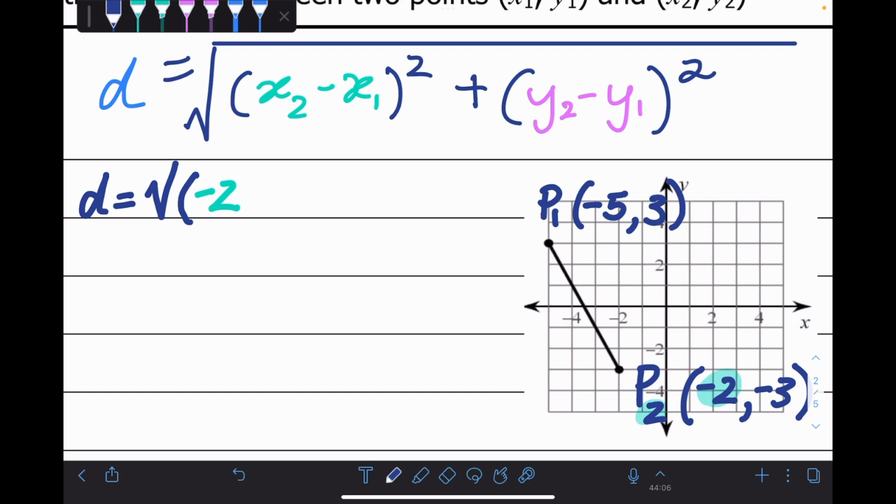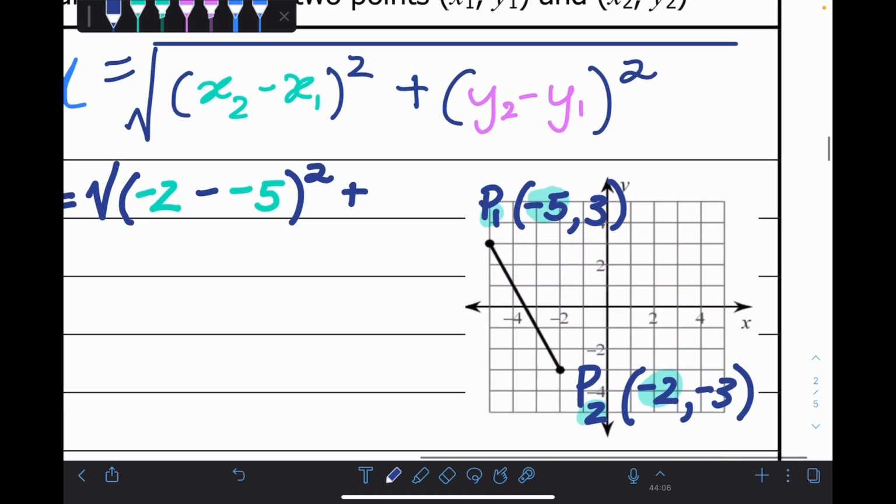Subtract our first point, our first xy, which is -5, close brackets, squared, plus.